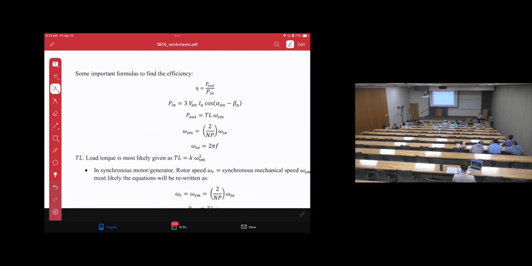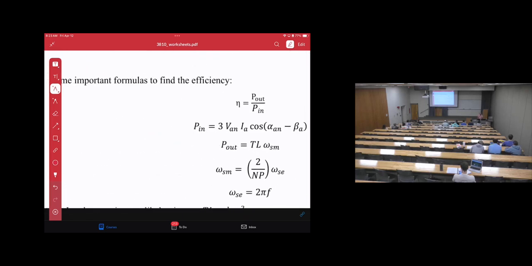Okay, let's go on to more formulas. Most likely, I'm worried a lot about the efficiency of the motors. Because the higher the efficiency, the better the motor performance, right? So as an engineer, assuming that you are working with a certain company and you need the company to buy some equipment or some motors.